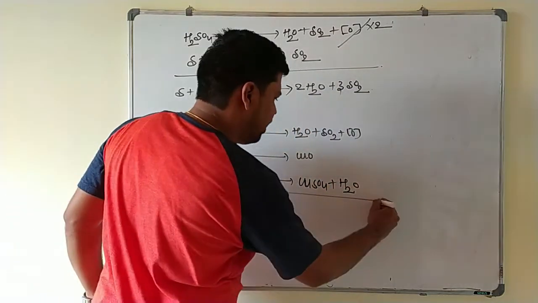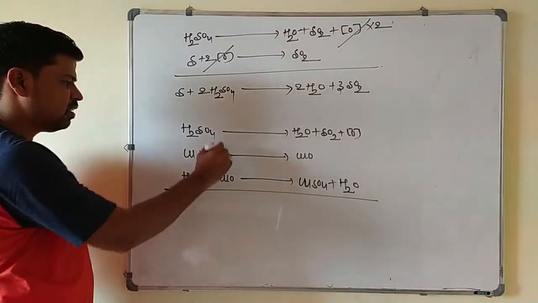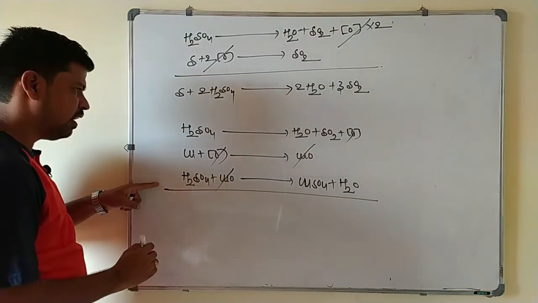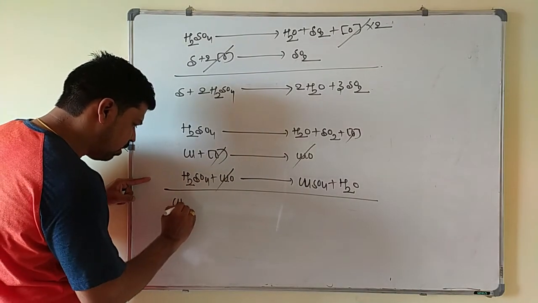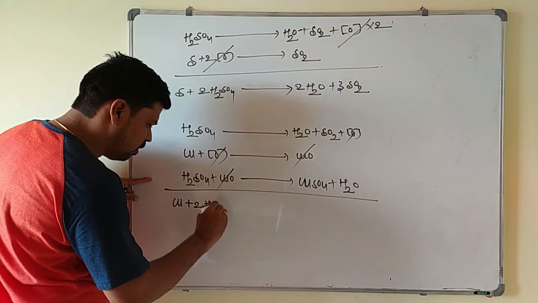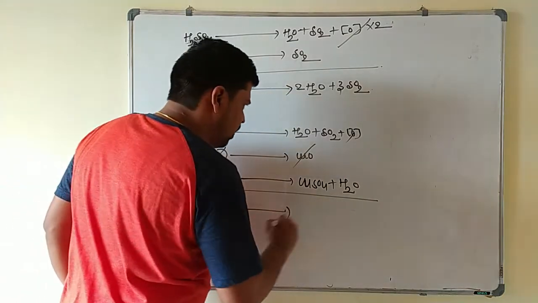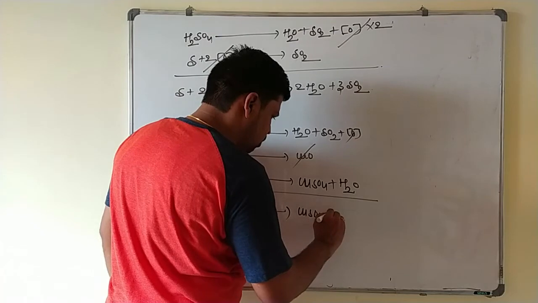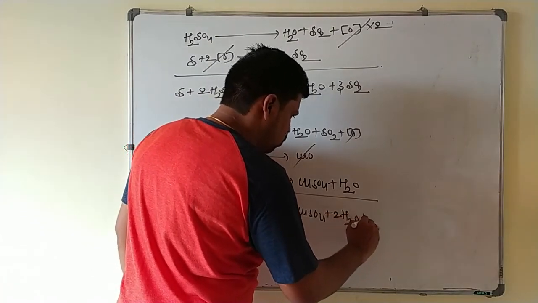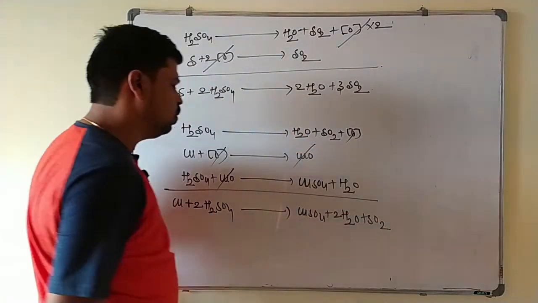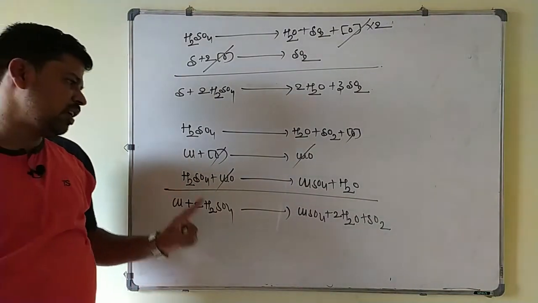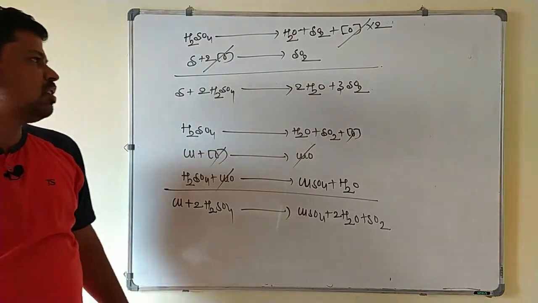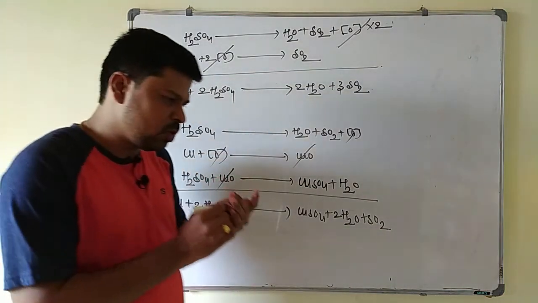Now in total we write the balanced reaction. Nascent oxygen cancels, copper oxide cancels. Copper combines with 2 moles of H2SO4, giving copper sulfate plus 2 moles of H2O plus SO2. This is how copper is oxidized to copper sulfate. Here the oxidation state is 0 and here it is +2. This is the oxidizing property of H2SO4.